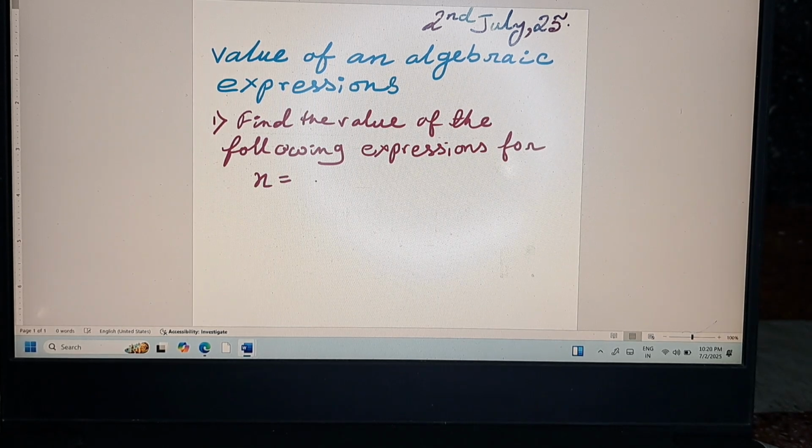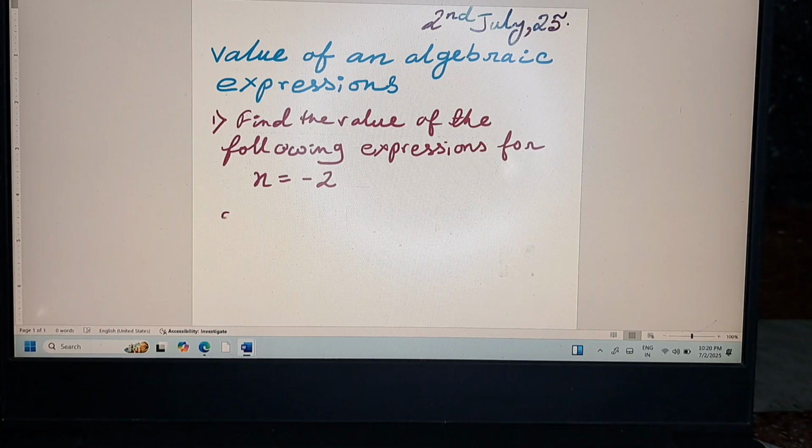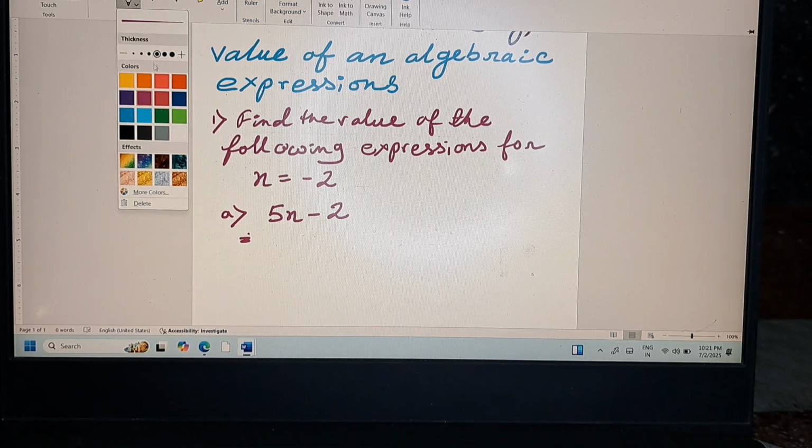Here n is the variable, which is a negative number, minus 2. The expression is 5n minus 2. Students, let us find out how to substitute the value of n in this algebraic expression. Let us put n is equal to minus 2 in the expression.